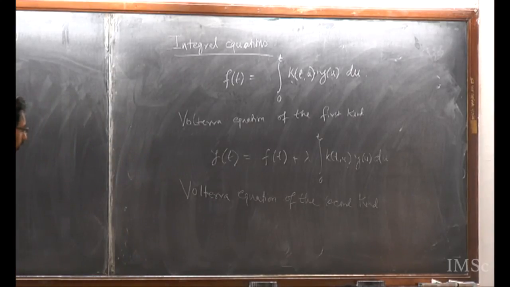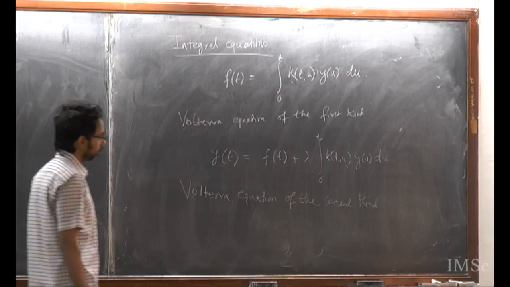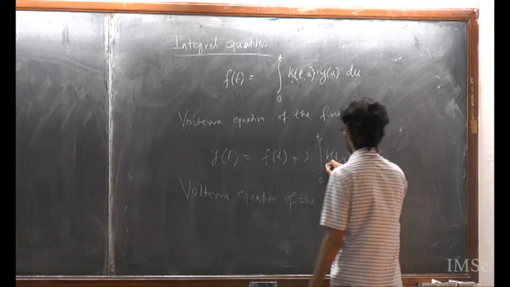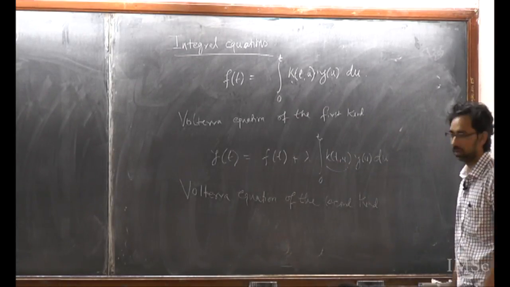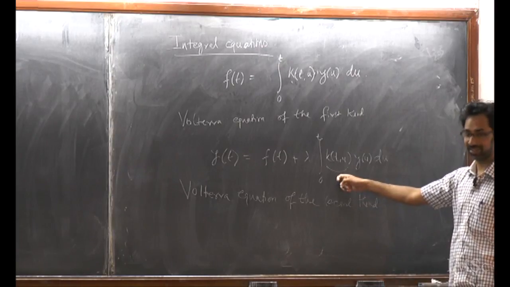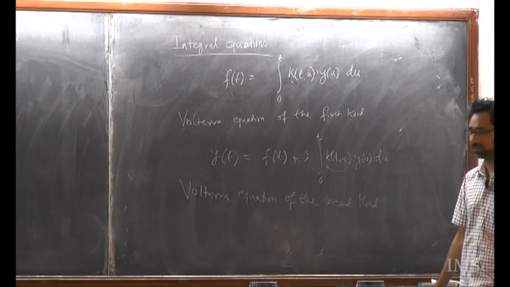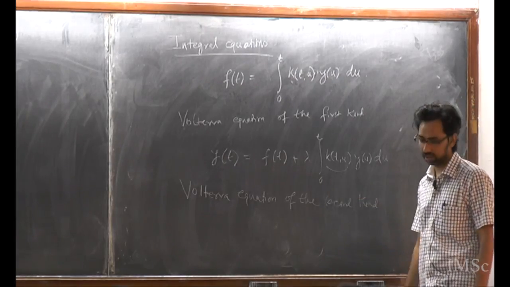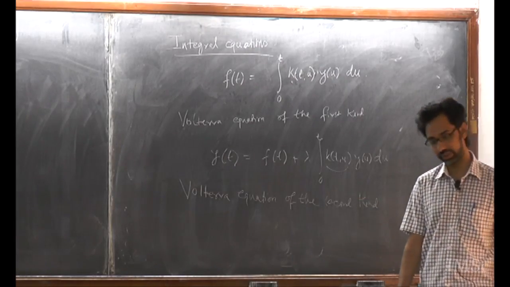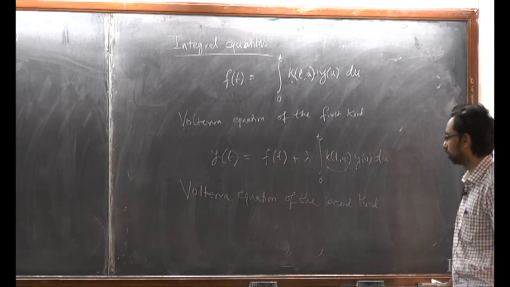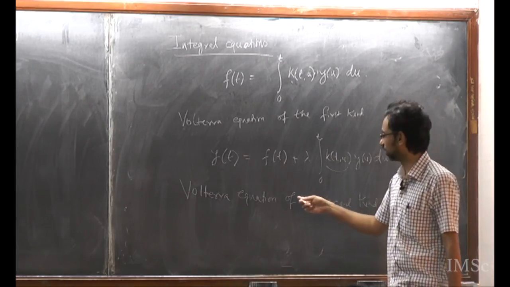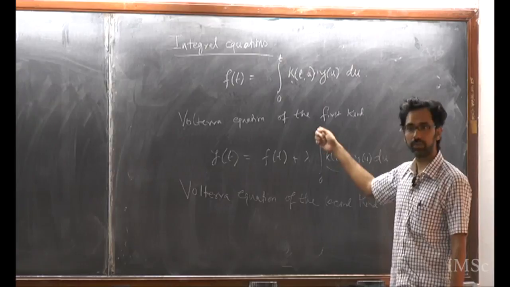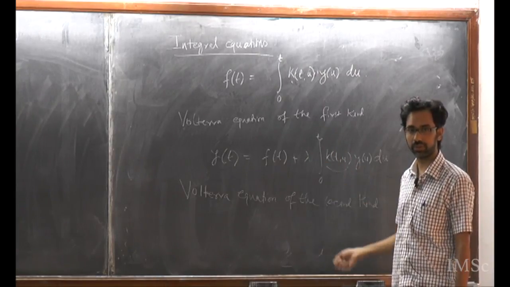And one can immediately see that these problems, if, for example, these integral kernels, if you remember from the first class, these are called integral kernels. If your integral kernels are nice enough, then you can use Laplace transform techniques, because you know what is the Laplace transform when you integrate from 0 to t.